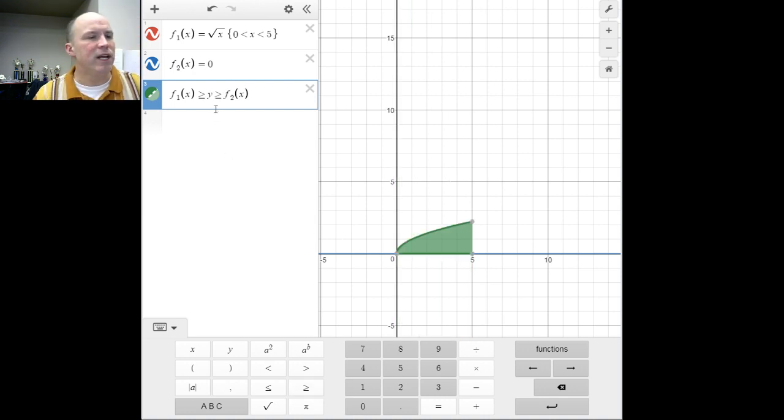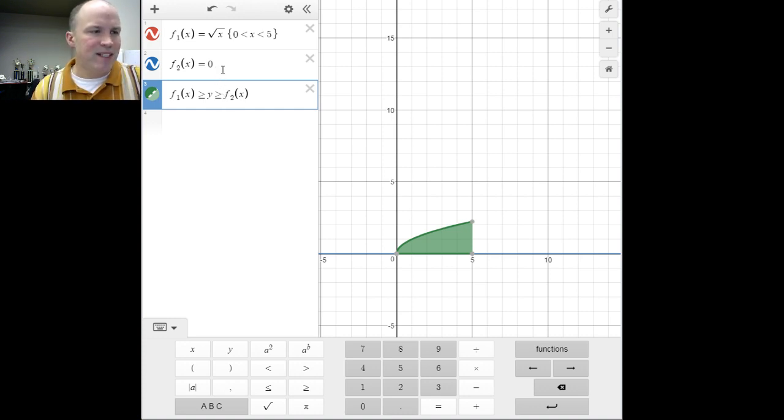So you need to include the y. Simply saying that f1 is greater than f2 is always true, so it's shaded for that entire region. But on this one, we're saying that the y value of f1 is greater than the y value of f2, so then it shades in between them.